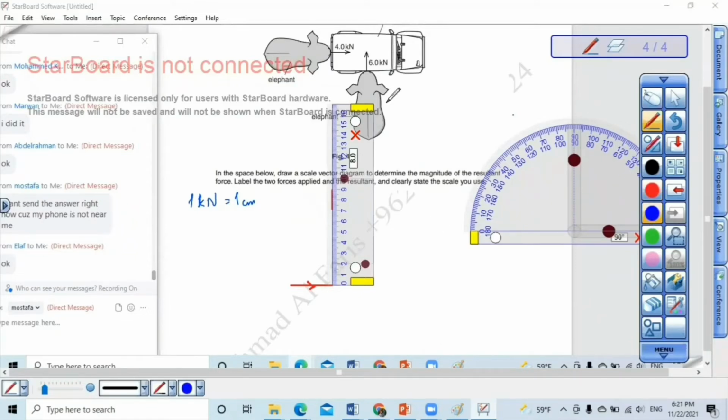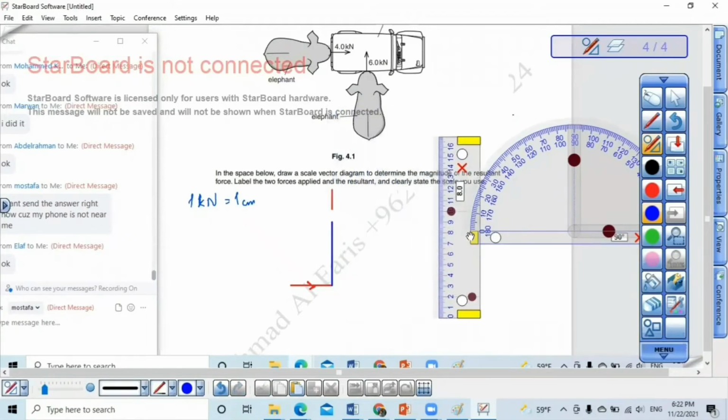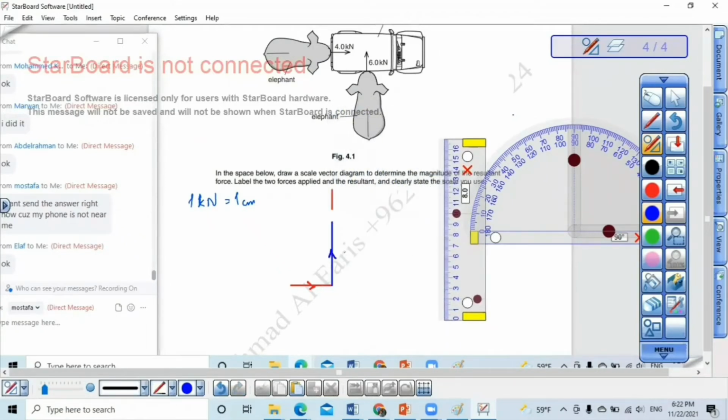How many centimeters? 6 kilonewton, so I will draw 6 centimeters from where I start to where I finish. This is my second force. So this is the 6 kilonewton, and the other one here is the 4 kilonewton.